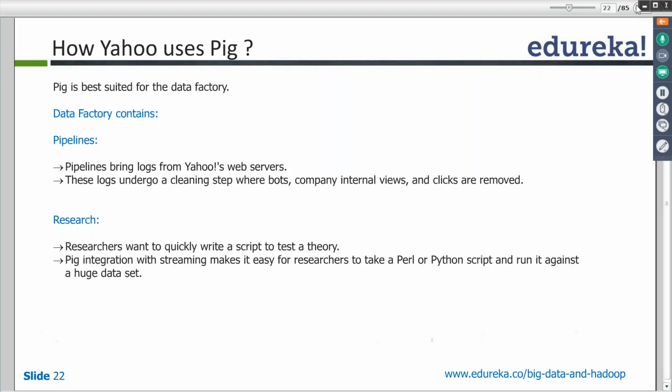So they implemented a functionality in Pig itself so that it can interact with existing Python scripts. Pig has a syntax called STREAM. It can basically interact with any of your existing scripts, and the scripts could be anything: JavaScript, shell script, Python, Ruby, anything.